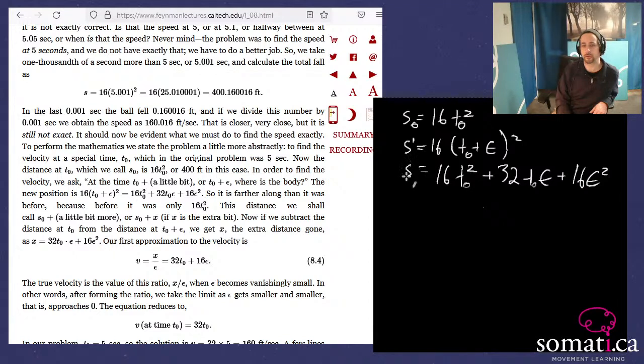So it's altered position. Okay, yeah, it's altered position. Includes the original term. Then here's the change.